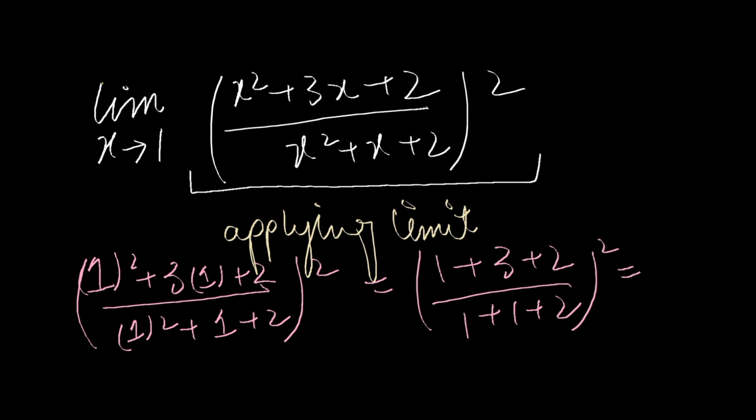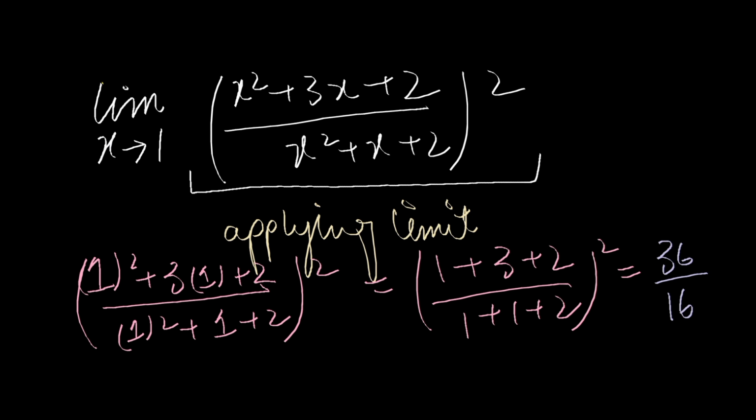So the final answer: 1 and 3 is 4, 4 and 2 is 6, and 6 square is 36. 1 and 1 is 2, 2 and 2 is 4, and 4 square is 16.